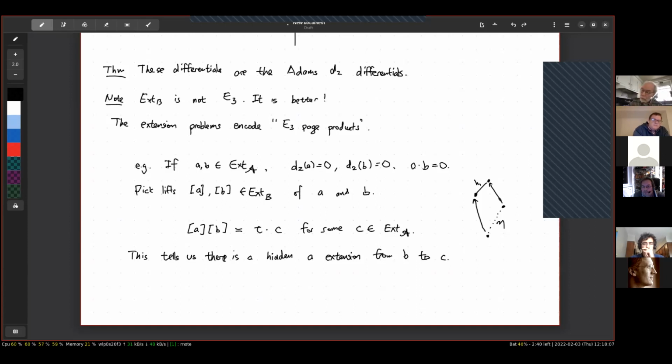So it doesn't make a lot of sense to say that there's a hidden eta extension from here to there when both are just 0 in the homotopy groups. So it's important we don't just ignore or kill off everything hit by a differential right away. We want it to remain a bit in this world. The correct way to keep track of all of these things is to use synthetic spectra, which if you don't know about, it's a great thing to learn about. If you do, then hopefully these should make a lot of sense already.